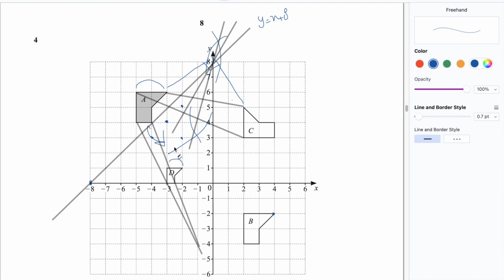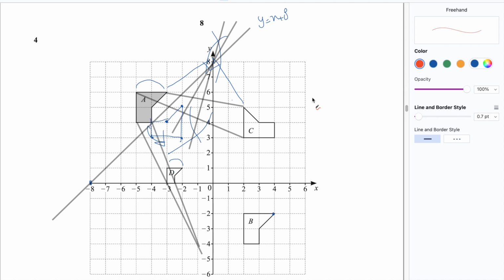Then let me check again if it's complete. One here, this one will become here, yes, like this.